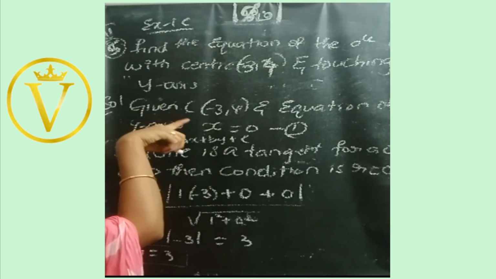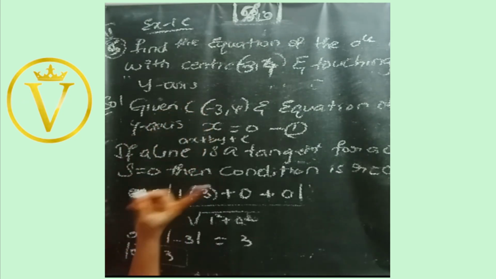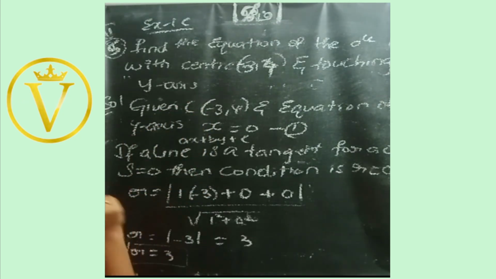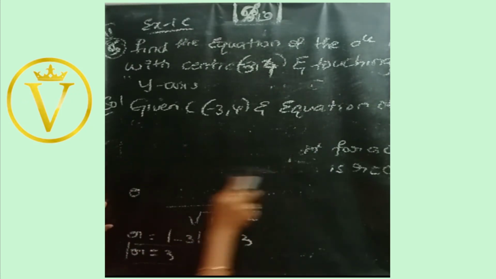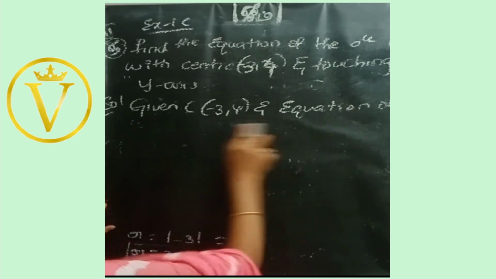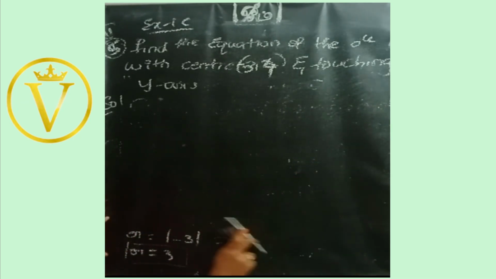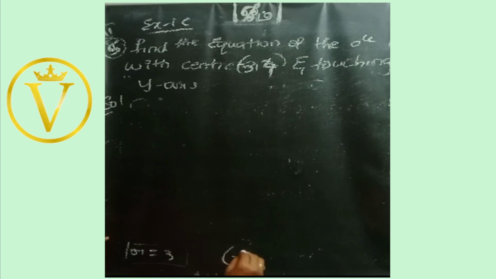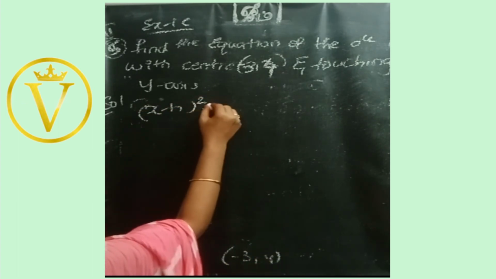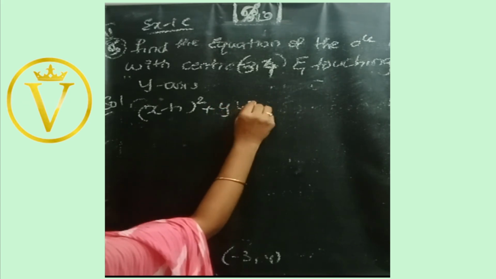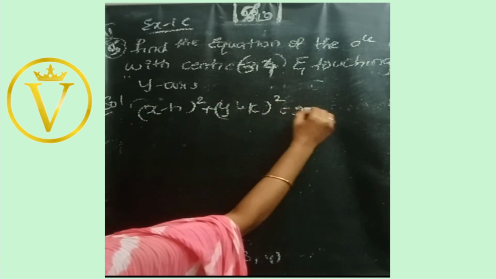Now if the question gives the center and radius, how to find the equation? There is a formula: (x minus h) whole square plus (y minus k) whole square equals r square. Center is minus 3 comma 4, so (x minus h) whole square plus (y minus k) whole square equals r square.